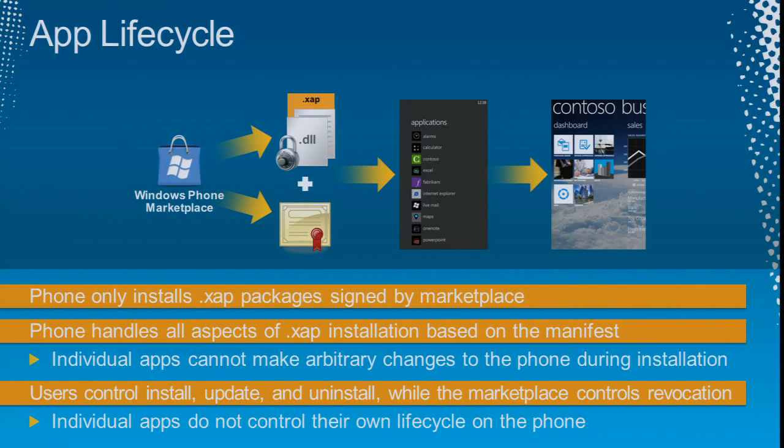So a good point here is individual apps do not control their own life cycle on the phone, meaning if there is an update, it only comes from the marketplace. You can't actually install anything directly on the phone. You have to be notified by the marketplace that there's an update, download that update, and then the phone will handle the update of that app.